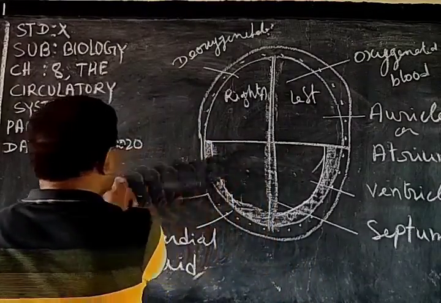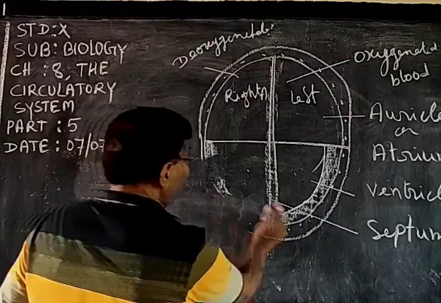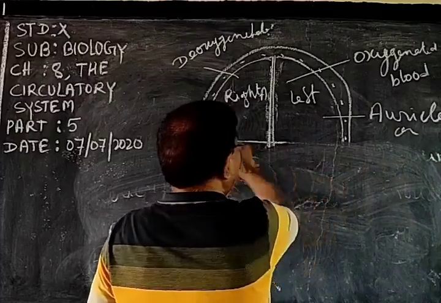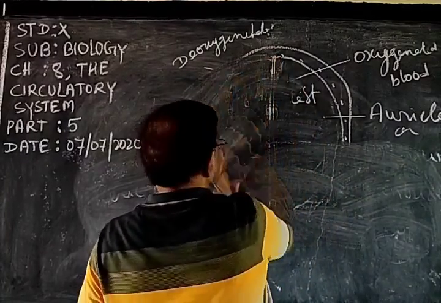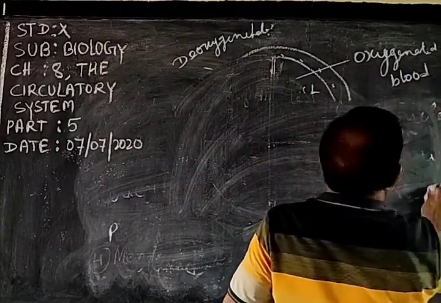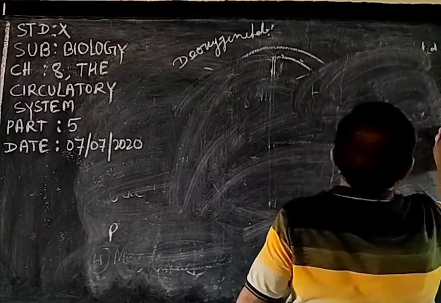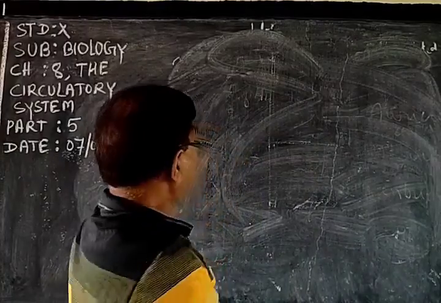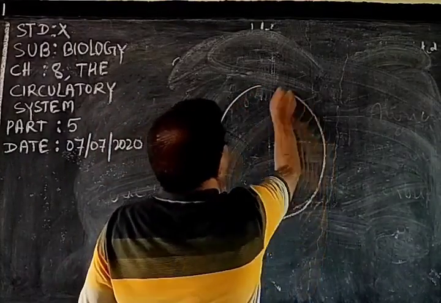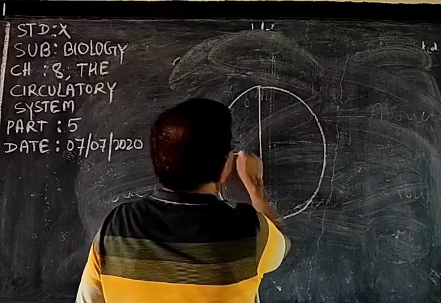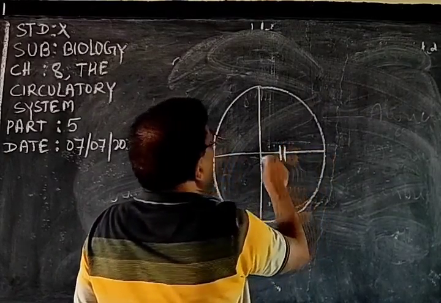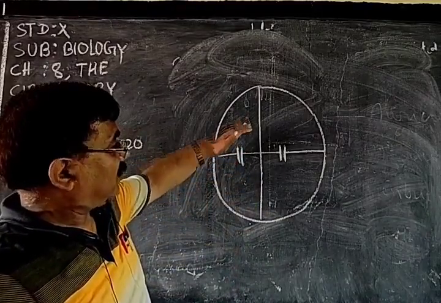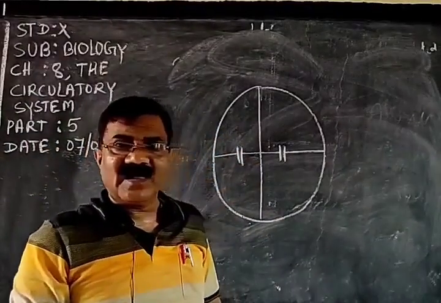Now blood vessels entering and leaving the heart, meaning which blood vessel enters the heart and which leaves the heart. That part is important. Let us discuss that part. See here, suppose this is the heart, the four chambers are there, and here is the connecting pathway from the auricle to the ventricle.